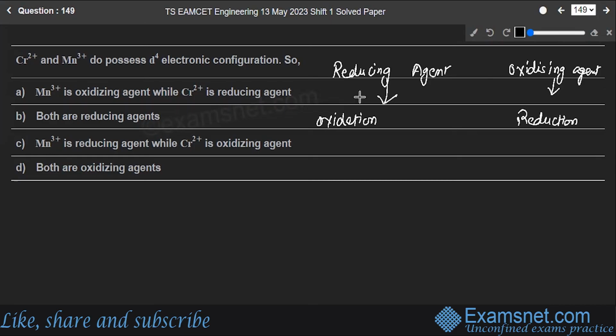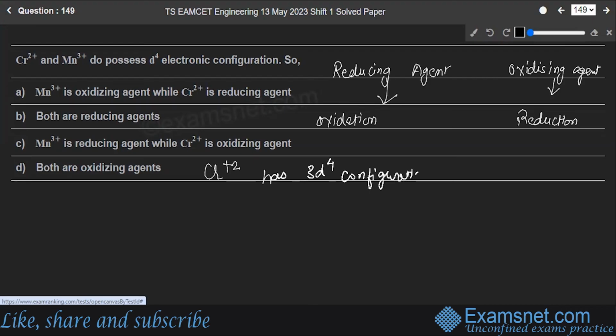Now, chromium 2+ has 3d4 configuration. It will lose an electron to attain 3d3 configuration, which is stable as it is a half-filled t2g level.